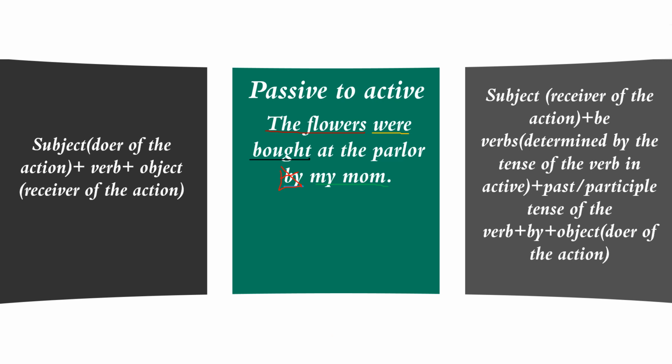This is where the by phrase, or the byword, becomes a help, because most of the time what follows the byword is the doer of the action, which will serve as our subject for the active sentence. So the subject, or the doer of the action in this, is my mom, which will now be the subject for our active sentence.